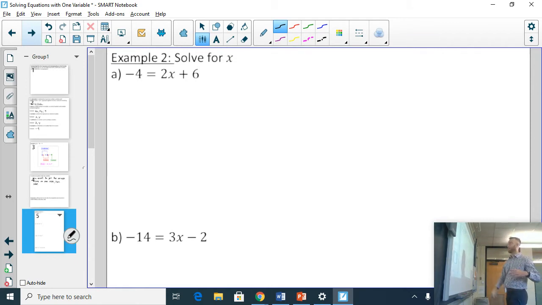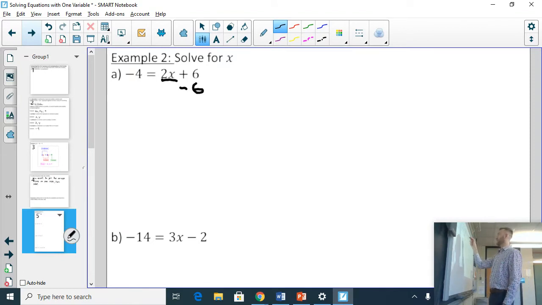So for this example 2, we're just solving for x. So what we want to do here is we see that 2x is already right here, and we want to get that alone on one side. So to do that, we need to get rid of this plus 6. So I'm going to do a minus 6. And when I do something to one side of an equation, I also have to do it to the other side.